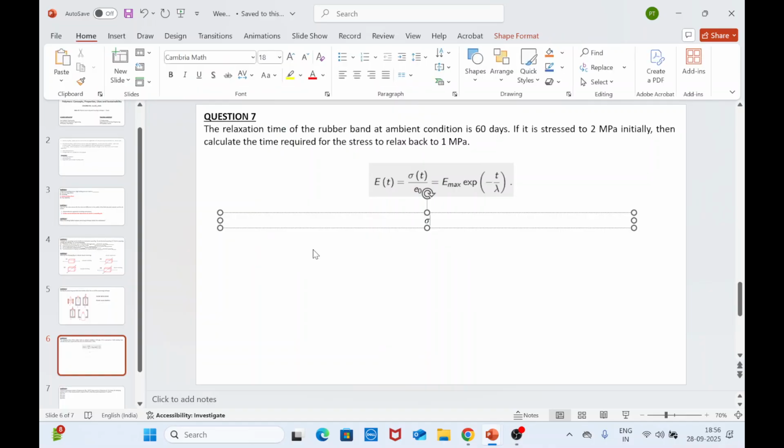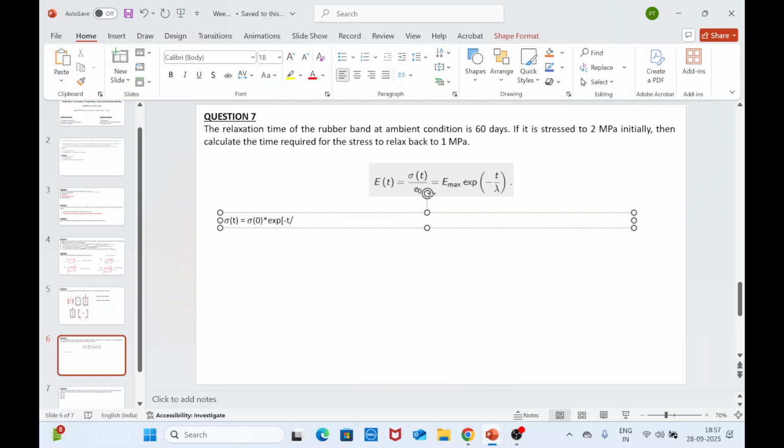So it is sigma t equals sigma naught times exponential of minus t by lambda. Since here the strain is epsilon naught, epsilon naught times the modulus E is sigma naught.